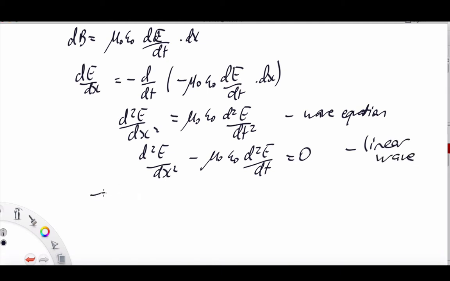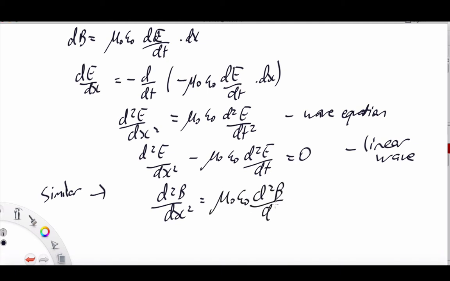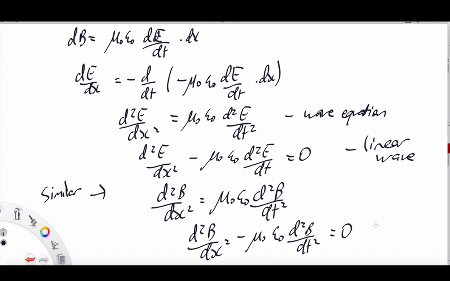And in the same way, we could work through and we will get d²B/dx² equals μ₀ε₀ d²B/dt², because they're very similar. And so that gives us our second wave equation, d²B/dx² minus μ₀ε₀ d²B/dt² equals 0.